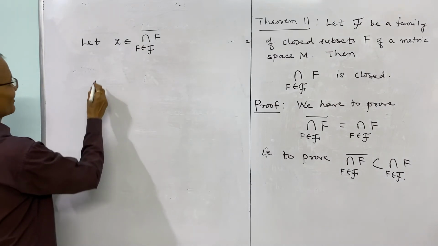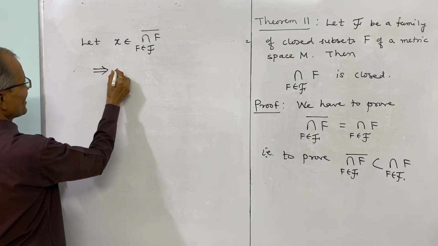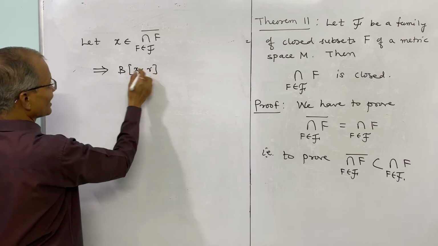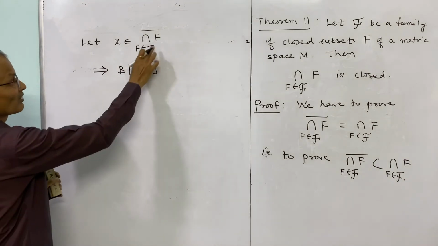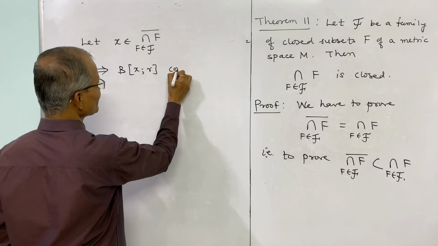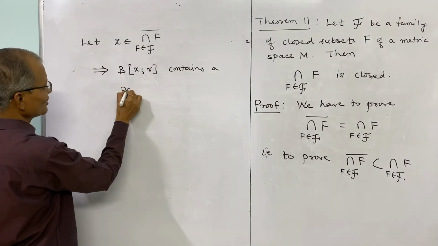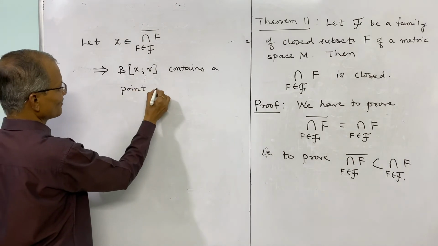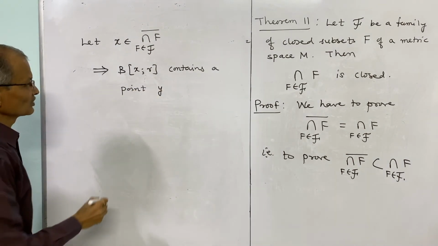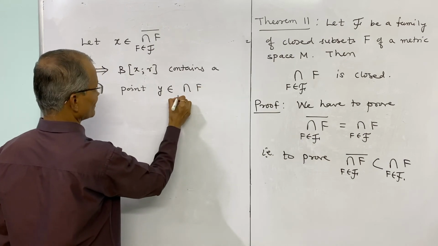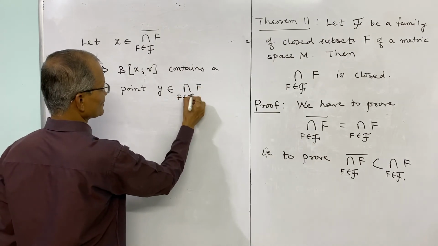So by theorem 7, the open ball B of radius R about X contains a point of this intersection. Let us denote that point as Y, so Y belongs to the intersection of F, F belongs to script F.